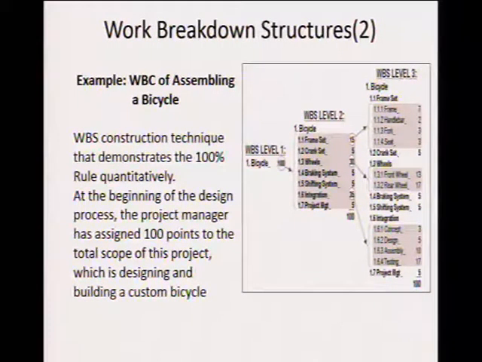You need the frame set of the bicycle, the cranks, the wheels, the braking, the shifting, and so on and so on. And then the next level is where you break down who is going to build the frame set. What does a frame set consist of? You need a frame itself, a handlebar, a fork, a seat. The second set is the crank set. What do you need? The wheels. You've got a front wheel and a rear wheel.